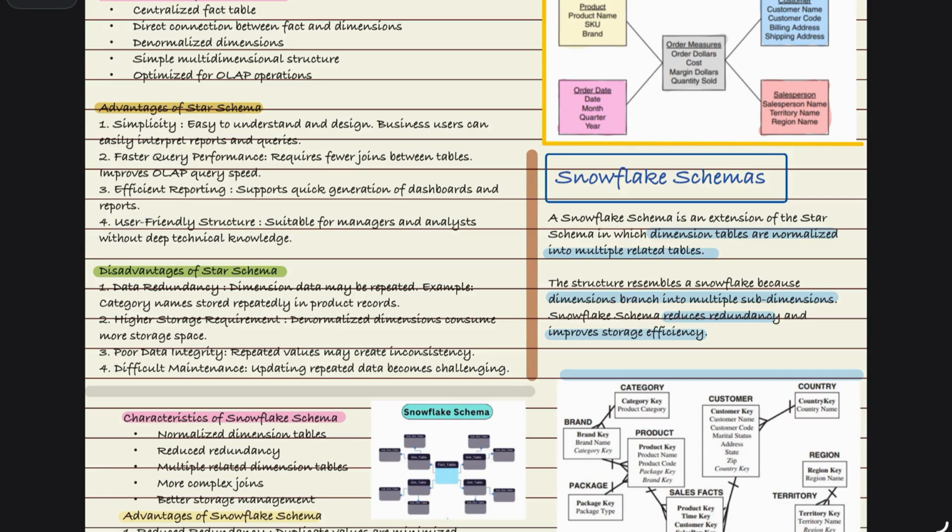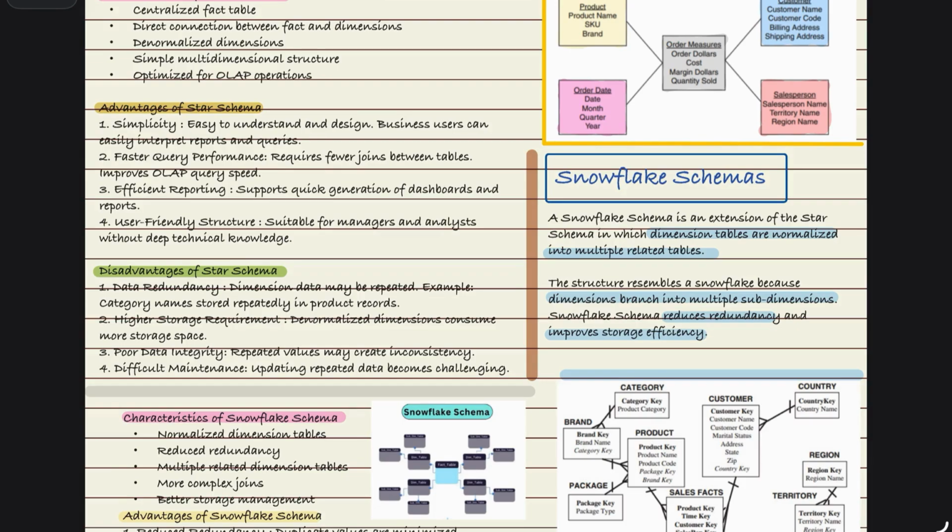For example, we have a column called category, and that category name like consumer electronics. For the category of consumer electronics, there are millions of rows, and consumer electronics is written millions of times. So this is something which is eating up the storage unnecessarily, and in real life that really matters.